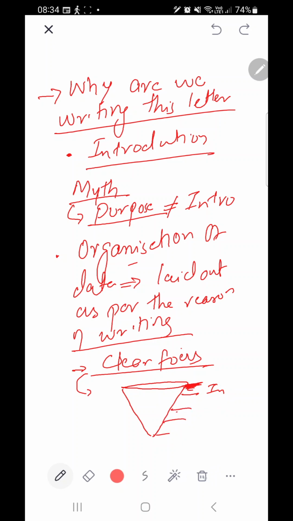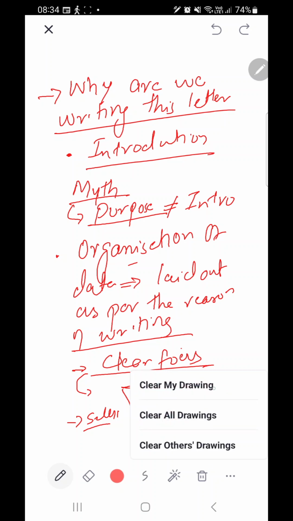As per the focus, this is the thing when we are selecting the case notes, right? But when we make the sample answer or the writing answer, it should have a clear purpose in the introduction, right?